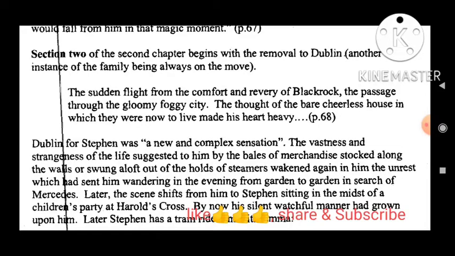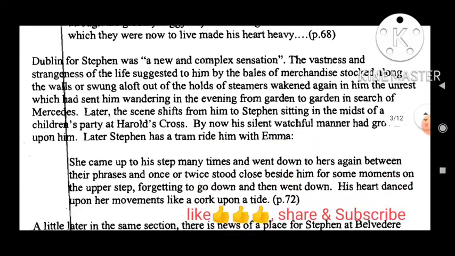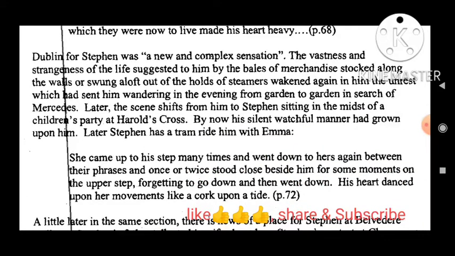Dublin for Stephen was a new and complex sensation. The vastness and strangeness of the life suggested to him by the bales of merchandise stalked along the walls or swung aloft out of the holes of steamers wakened again in him the unrest which had sent him wandering in the evening from garden to garden in search of Mercedes.